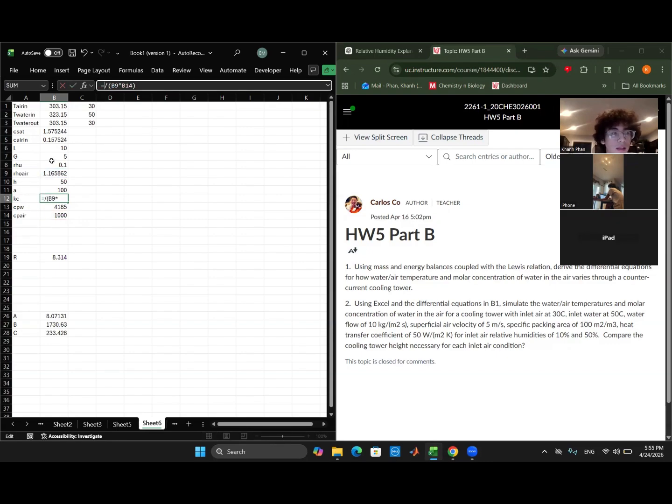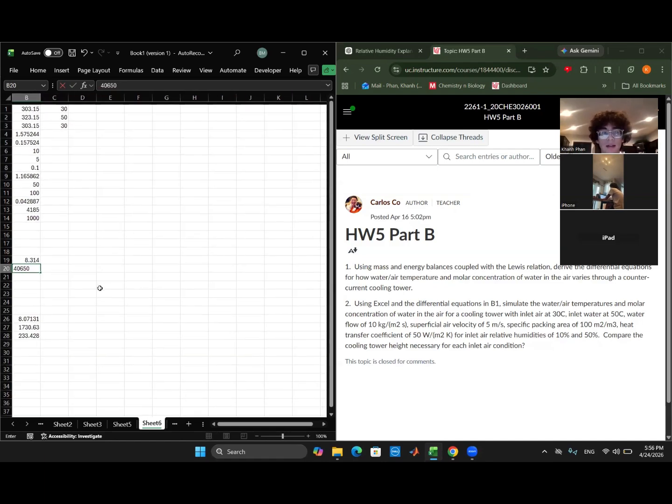Perfect. And then let's see. We need to define, we already have end-to-end coefficients, and then we just need to define lambda, R and lambda. So lambda in this case is 40650. Okay.